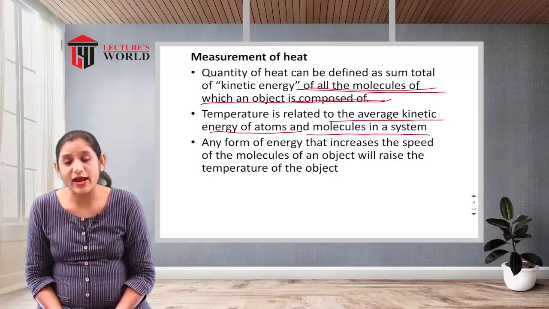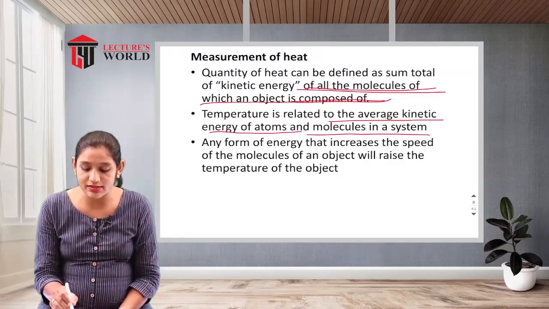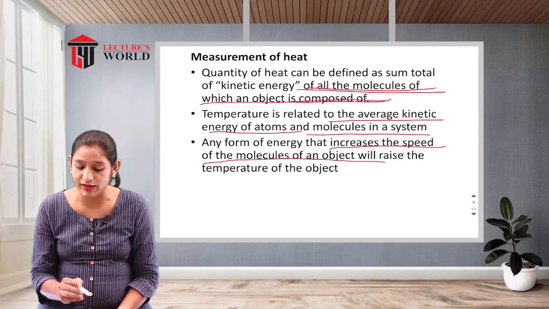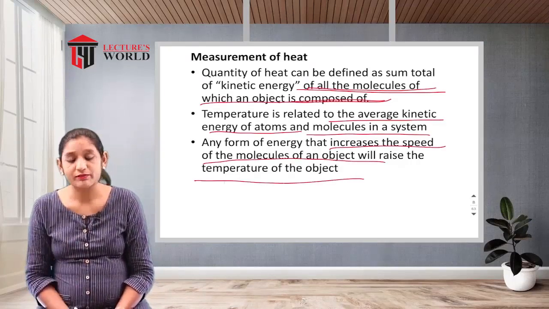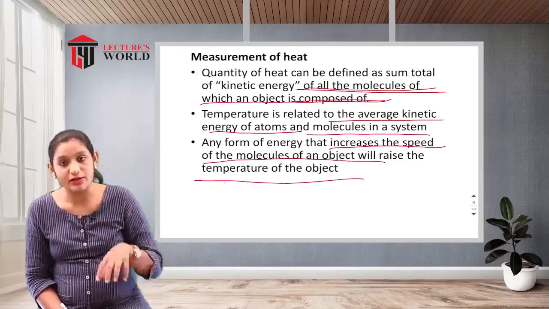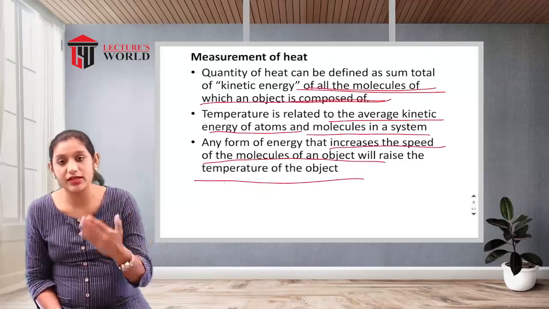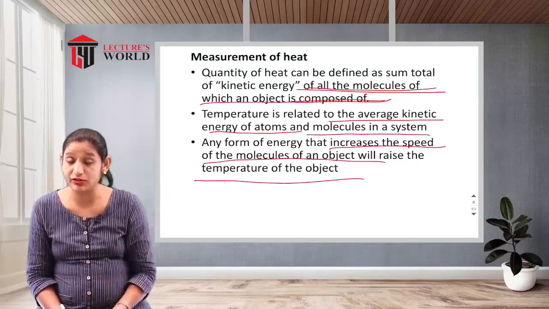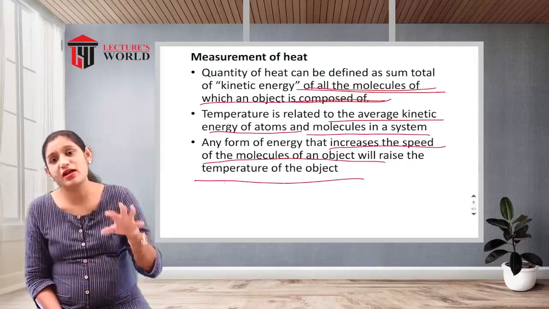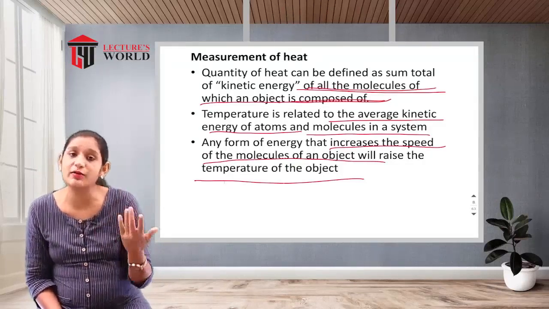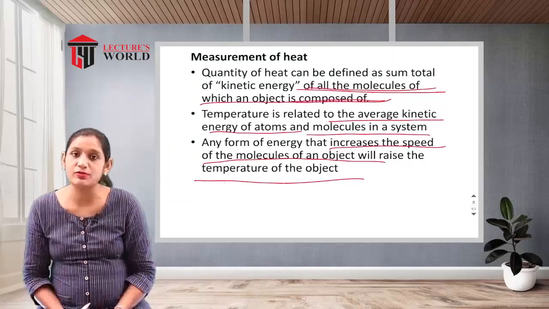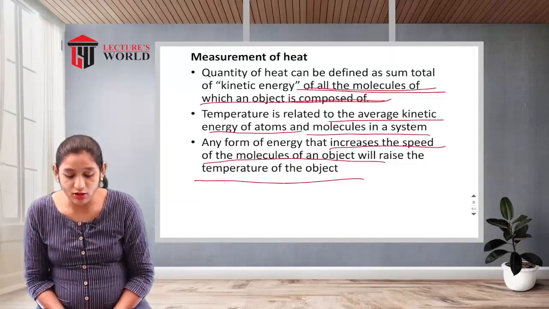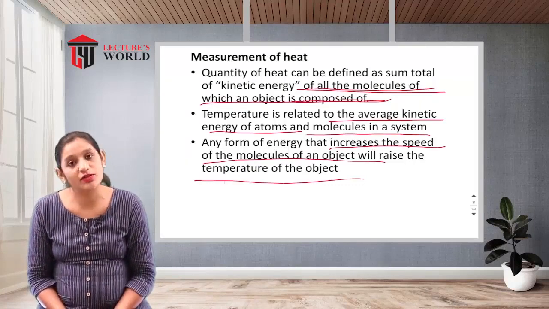Any form of energy that increases the speed of the molecules of an object will raise the temperature of the object. When the molecules speed up, the motion automatically becomes higher, and the temperature of the object rises.